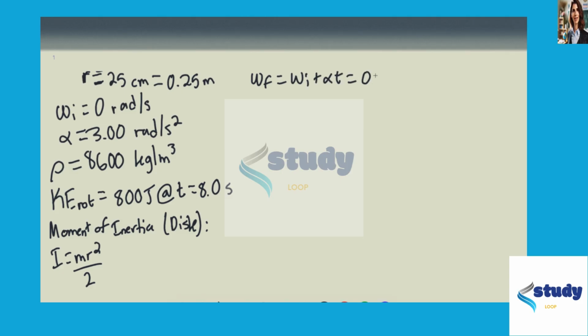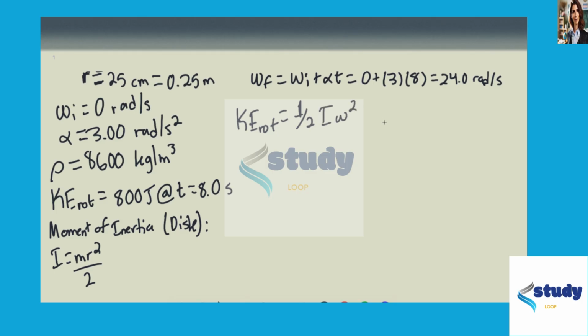So this would be 0 plus alpha, which is 3, times 8, 24.0 radians per second.